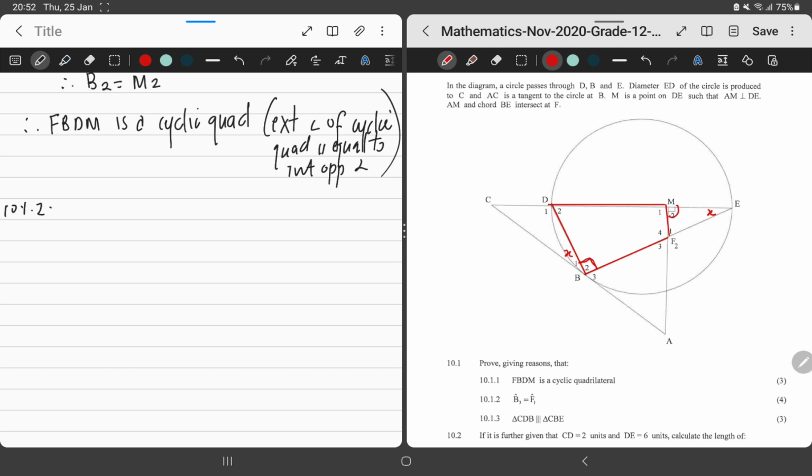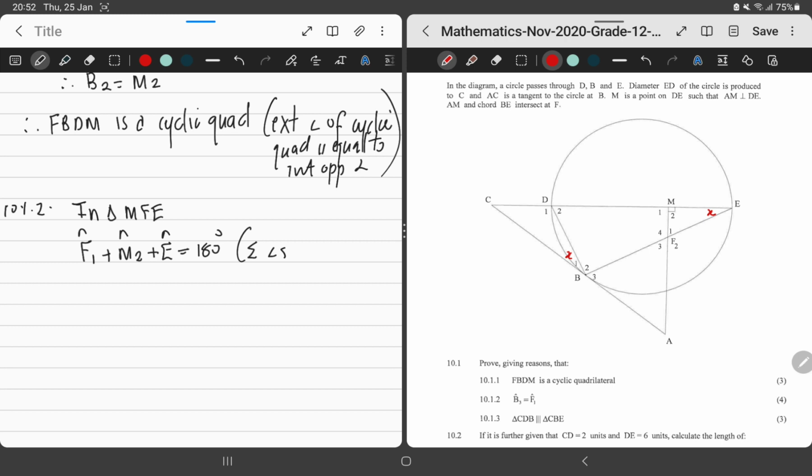10.1.2. We need to prove that B3 is equal to F1. In triangle MFE, F1 plus M2 plus E equals 180 degrees.